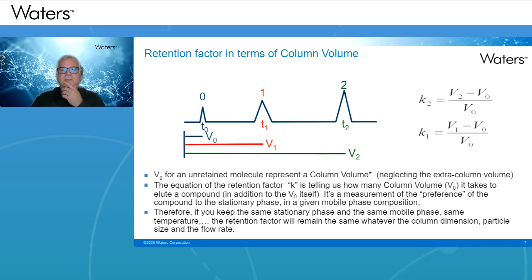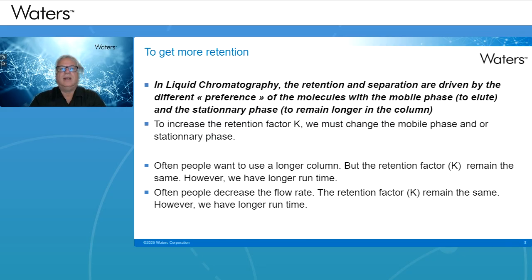So in liquid chromatography, the retention is driven by the preference of the molecule with the mobile phase. So if the molecule prefers the mobile phase, if it's suitable, it will elute, it will go out. And if the molecule prefers the stationary phase, it will remain longer on the column. And what we do in the gradient, for example, we change the mobile phase to make it more attractive to the molecule, so the molecule will elute.